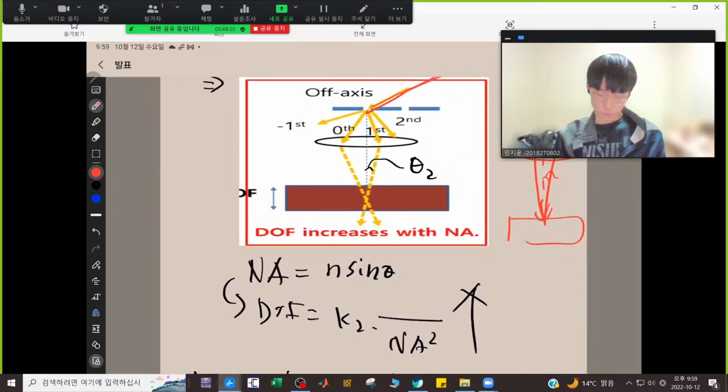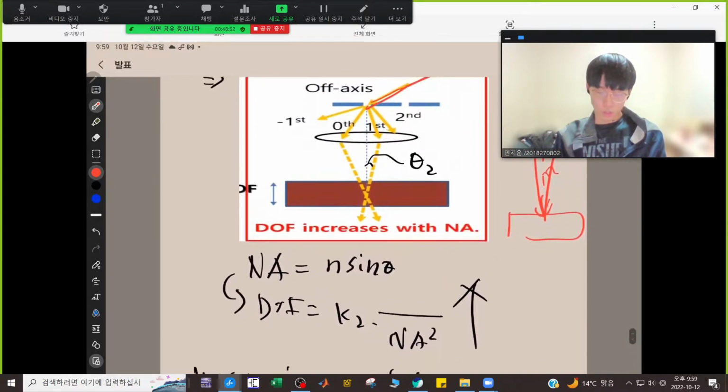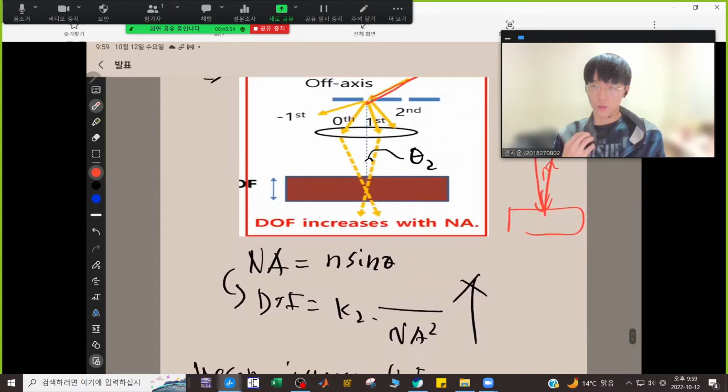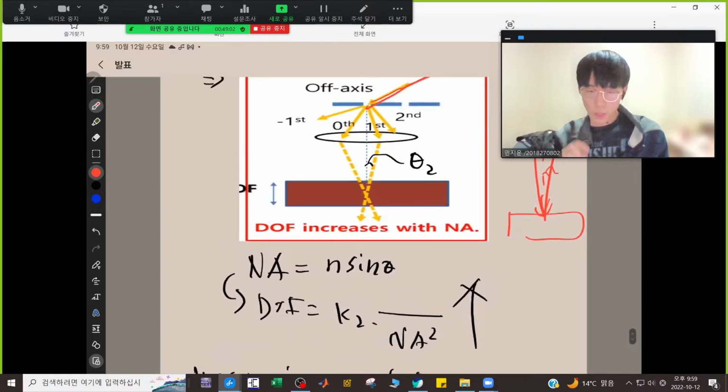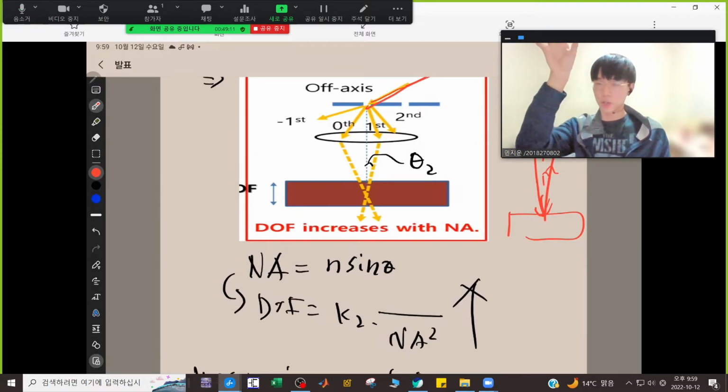This is a very important thing because depth of focus has a trade-off relationship with the numerical aperture in a real exposure machine.